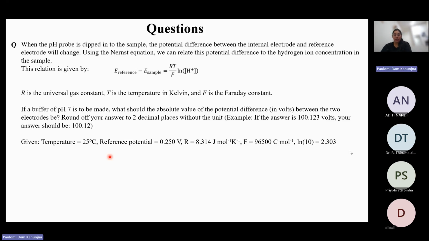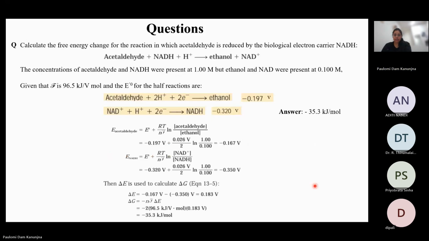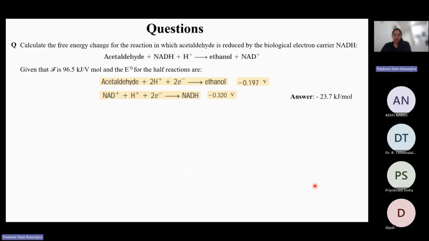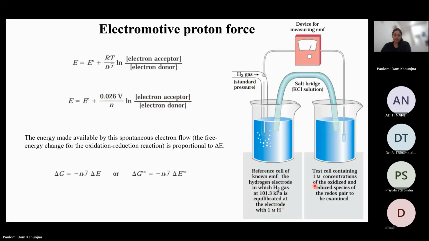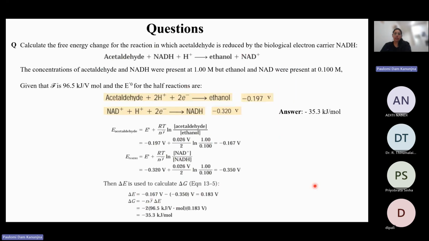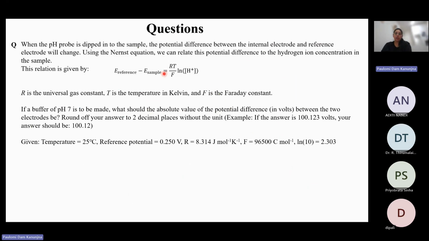You've got the values correct. You can see the formula. Maybe I'll show the formula once again. Let's say this is the formula, right? Where is the formula? The formula is here also, right? So you have ln H plus, so your H plus is there. Ln H plus is what you need to find.